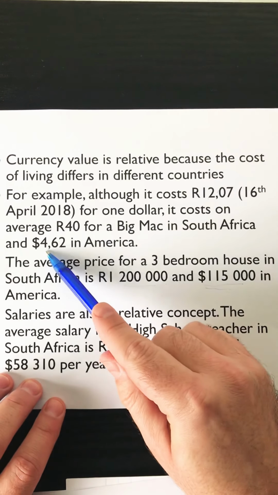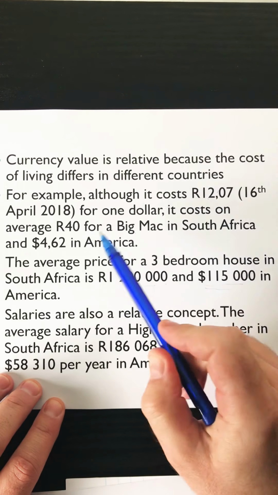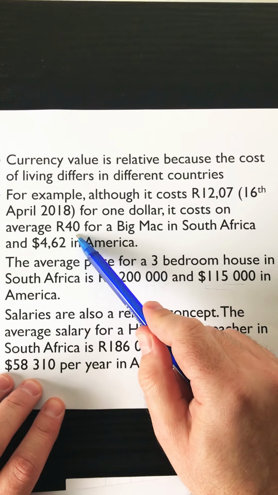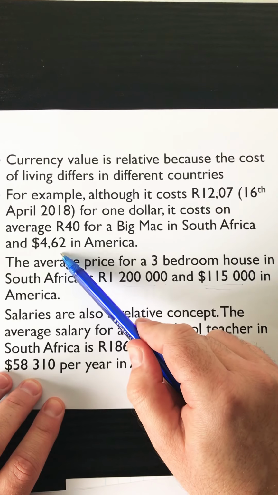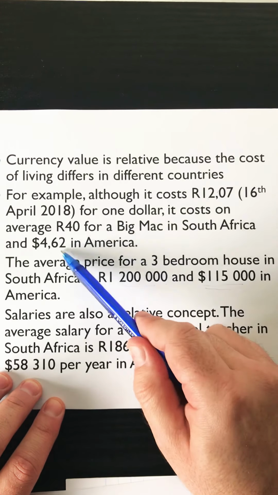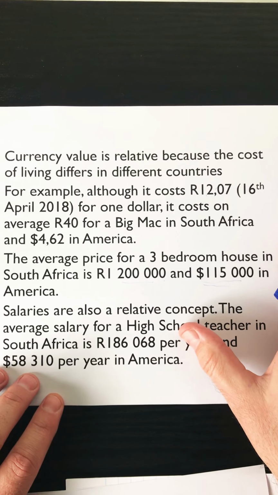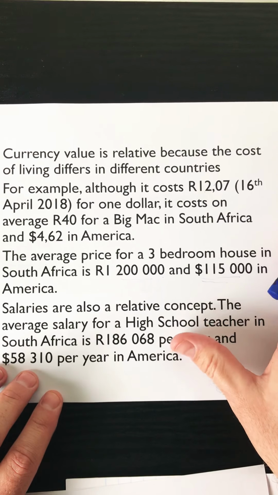If you were to multiply $4.62 with 12 Rand 7 cents, that would give you a much larger number. So relative to America, the cost of living is higher in South Africa when you look at the price of other goods in their economy in terms of rands.